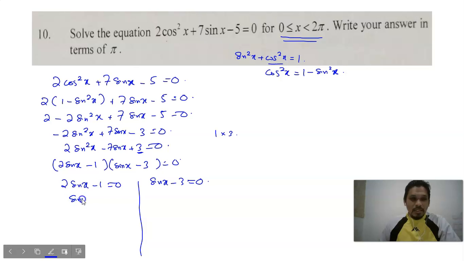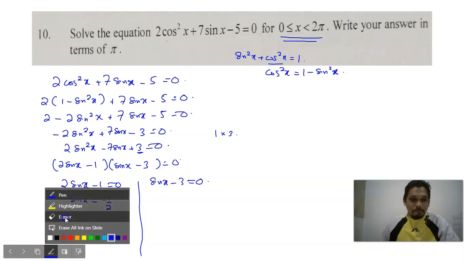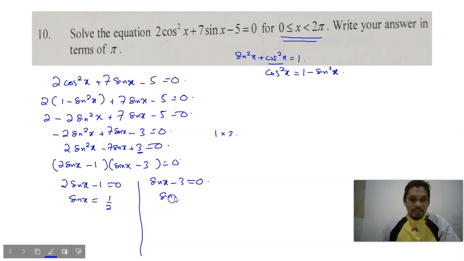So then sine x equals 1 over 2, the negative becomes positive, sorry, and then sine x equals 3.